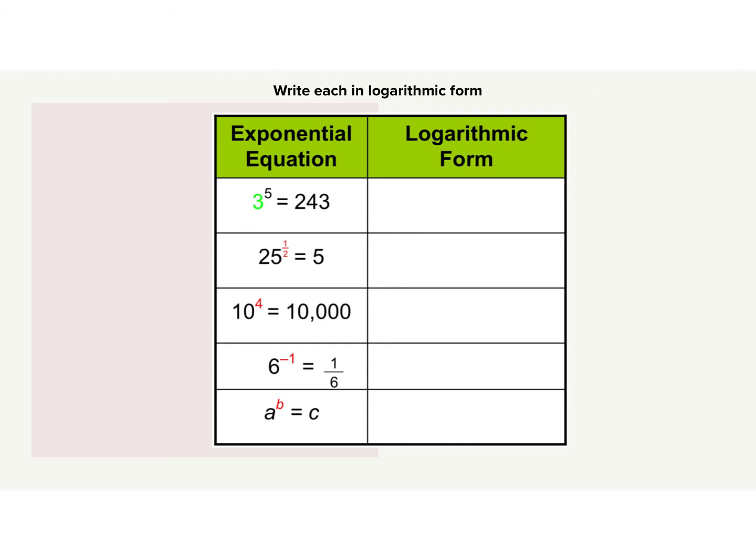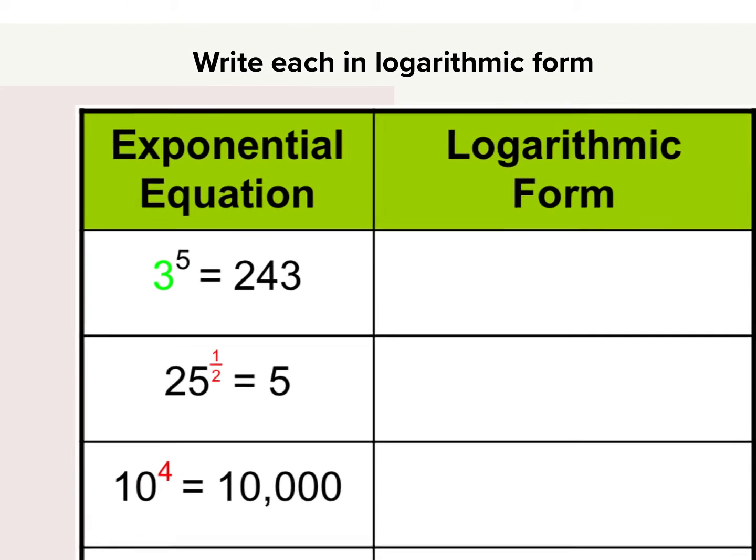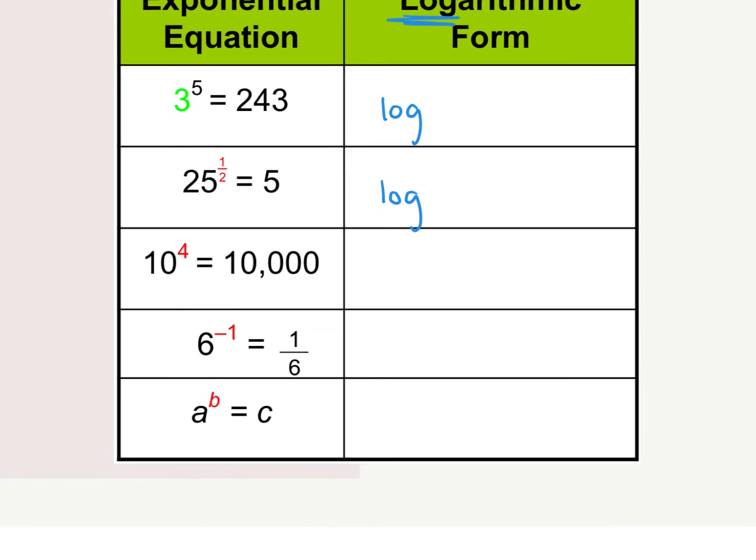On the next page, we're just rewriting each into logarithmic form. It gives us a bunch of exponential, we've got to put it in log. Every time we see logarithmic form, it has to have that word log in it. So all of these are going to start with log.